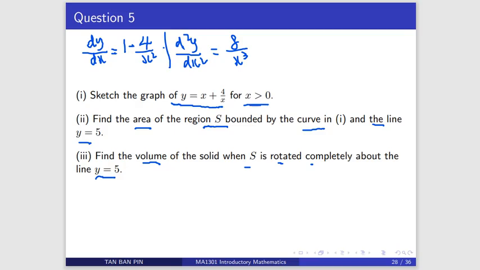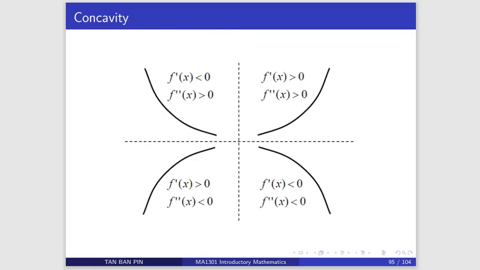Because x is positive, d2y dx squared is definitely positive. This suggests that for x more than 0 the curve should be curving this way, because the second derivative is positive. So you probably see a curve like this. That's what you have in chapter 2, slide 95.